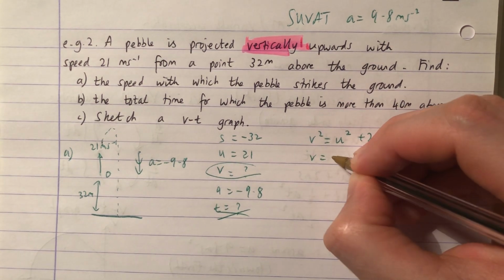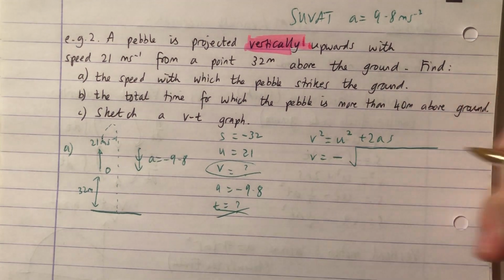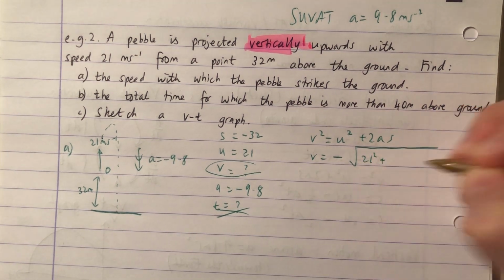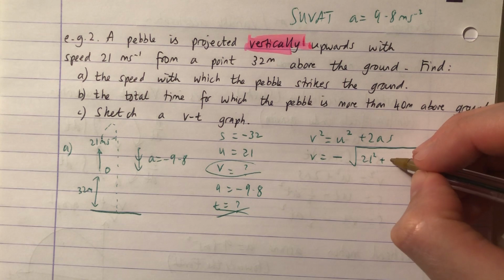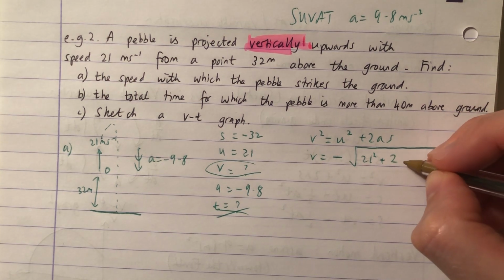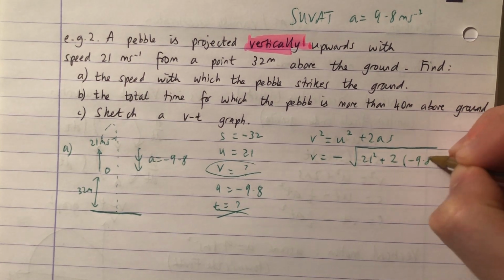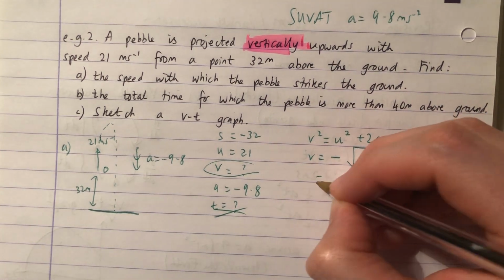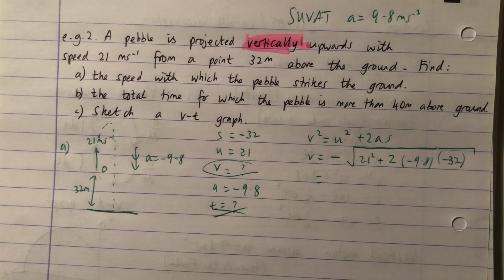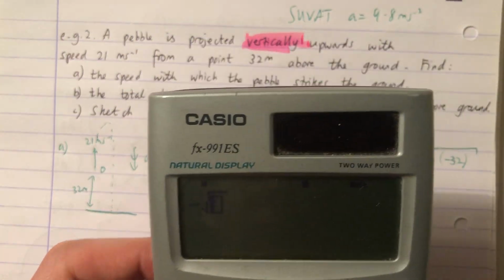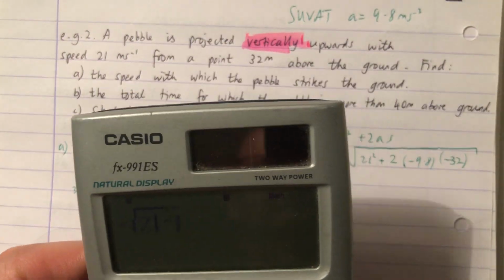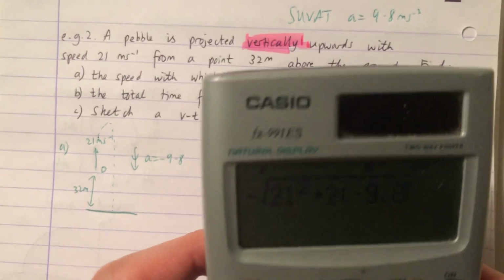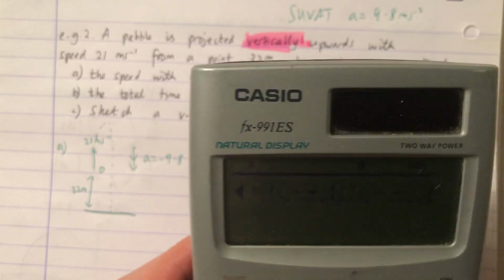V is equal to negative, in this case, the square root of 21 squared plus 2 times negative 9.8 times negative 32. If you type that into your calculator, see what you get.